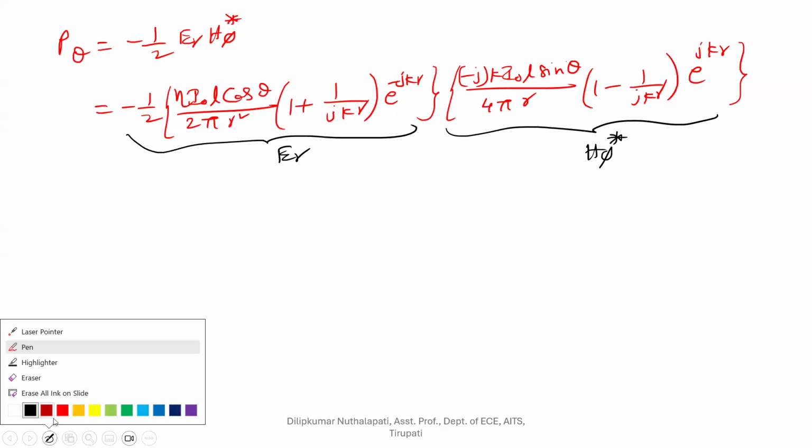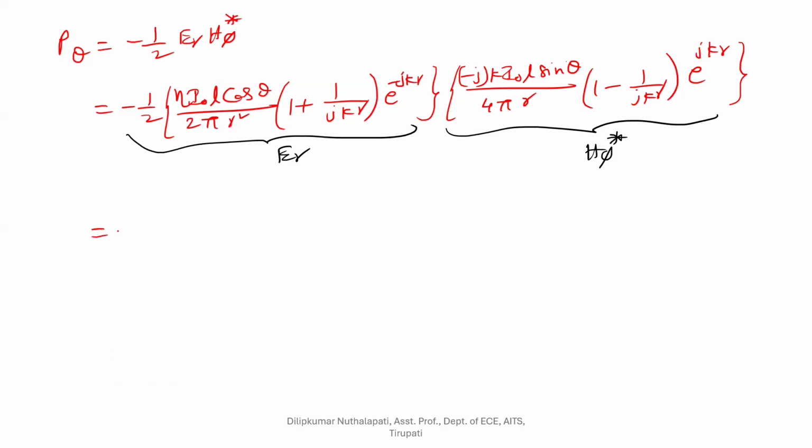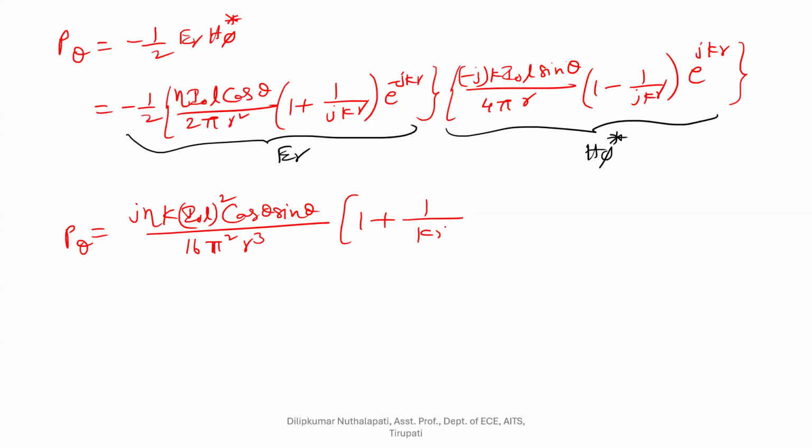After simplifying, taking the common terms, we can get P theta is equal to j neta k I naught L whole square into cos theta sin theta divided by 16 pi square r cube into 1 plus 1 by kr whole square. This is the value of the transverse component of the power.